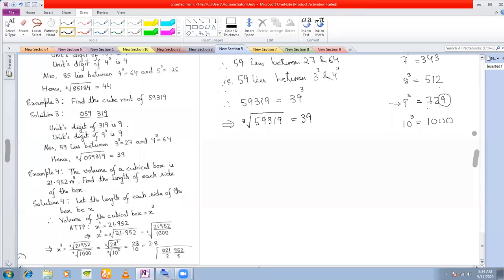Okay, so you have a cubical box whose volume is given to you. You have done cubes in your previous class.